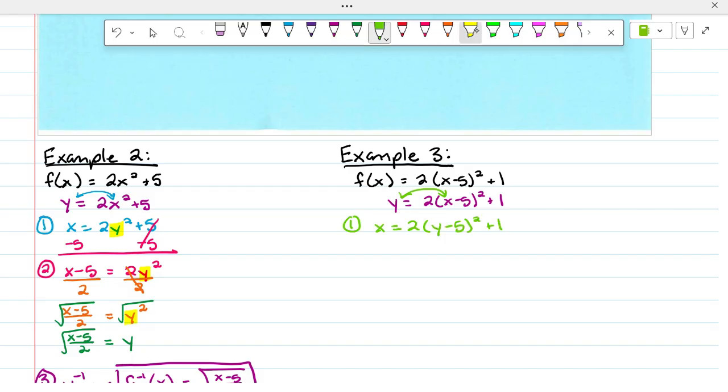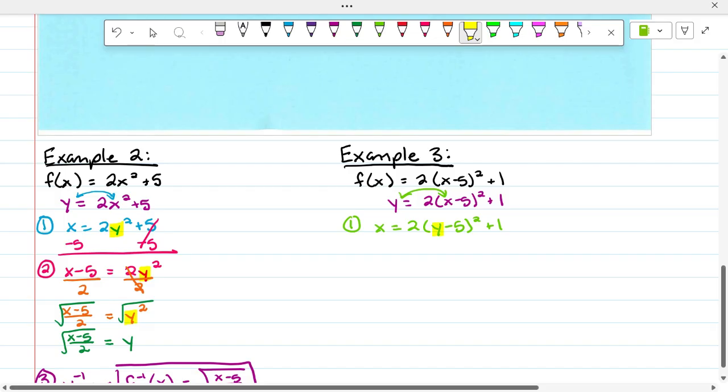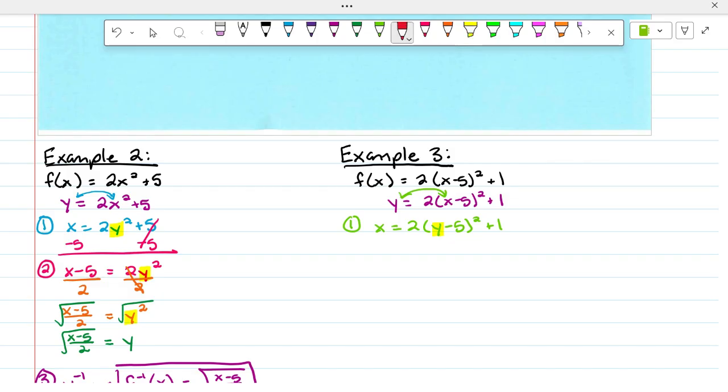Because remember, that's how we solve for y. We can't solve for y if y is already y equals. All right? But then we would do what Hunter said and subtract 1 from both sides. So the goal is we're trying to get these parentheses by itself first so that we can take a square root to get the y by itself.